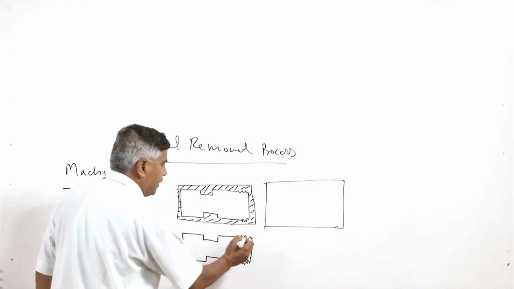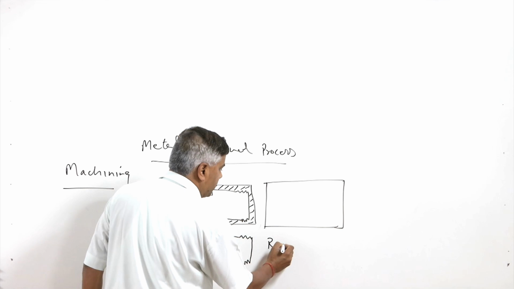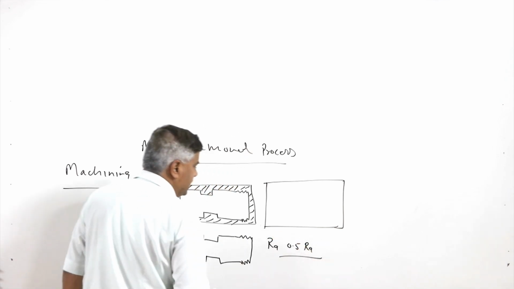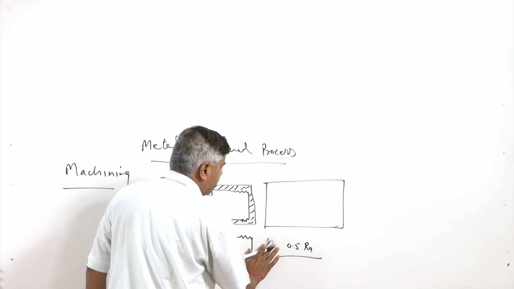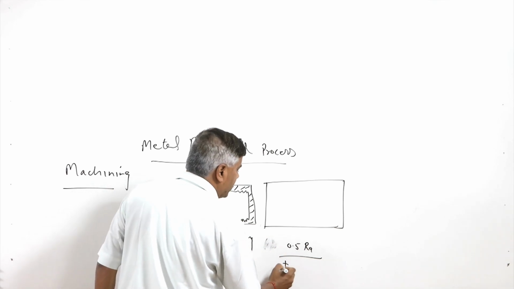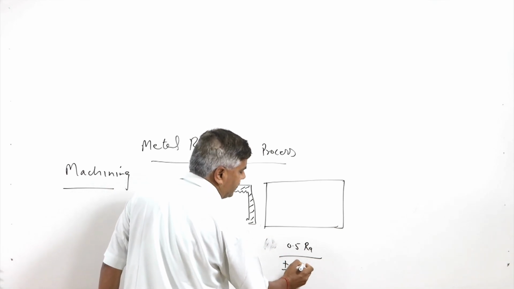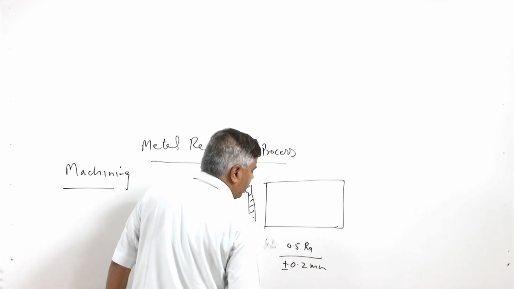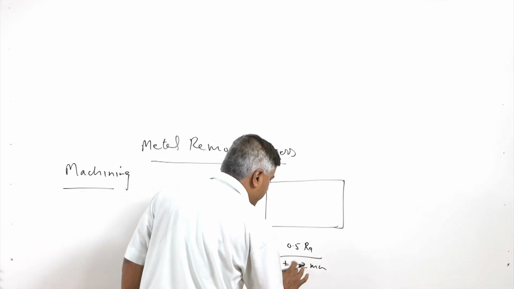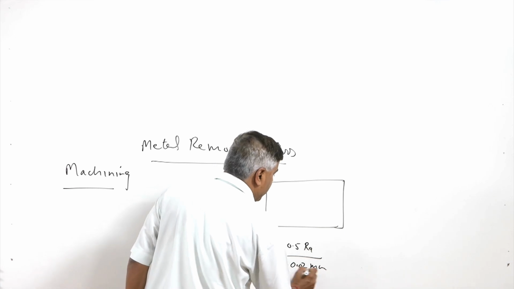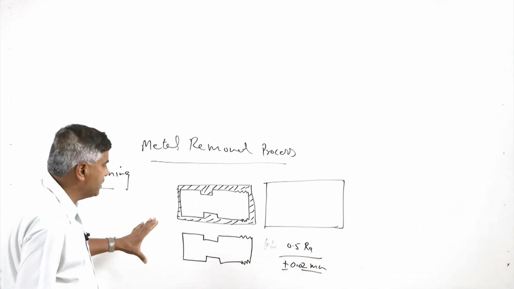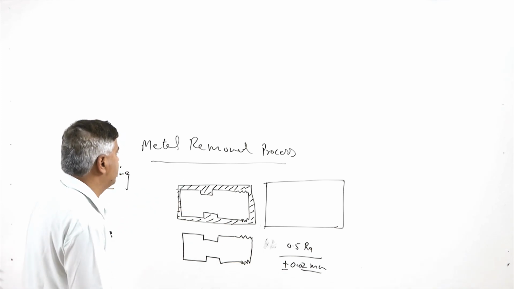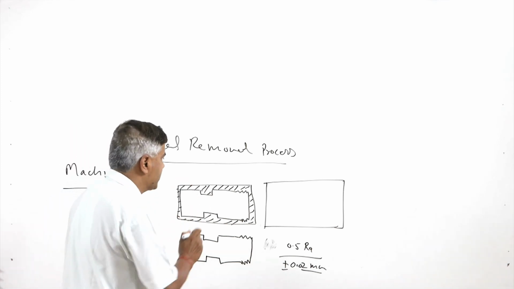For example, a surface finish of 0.5 Ra is needed, and a very good control over the dimensions is required, say 0.2 mm, or even finer like 0.02 mm. Such dimensional control and complexity in shape can be easily achieved by material removal processes.